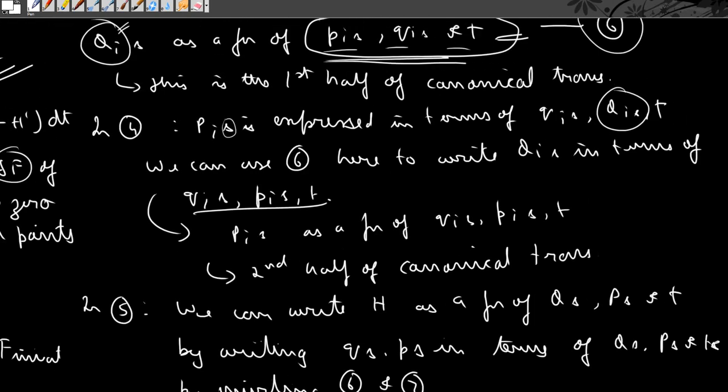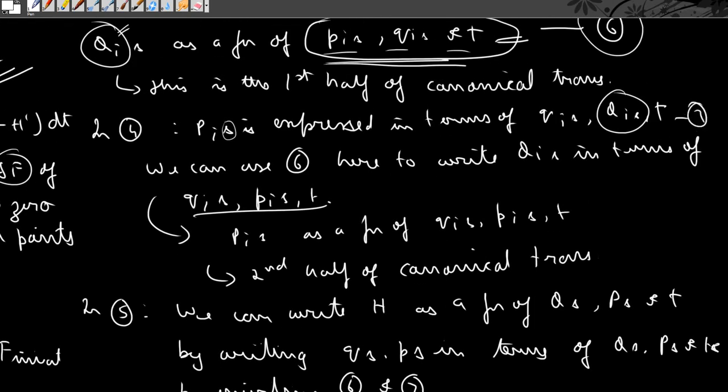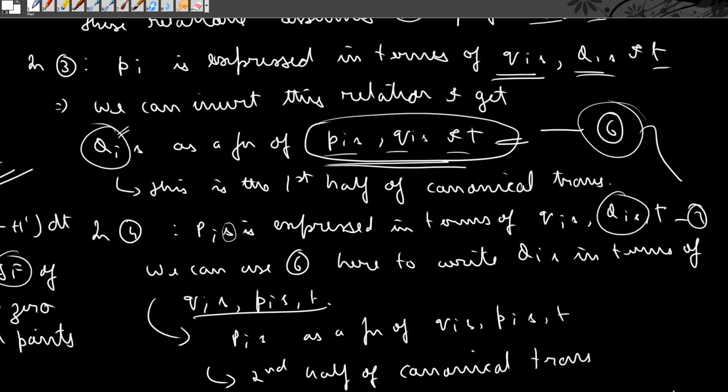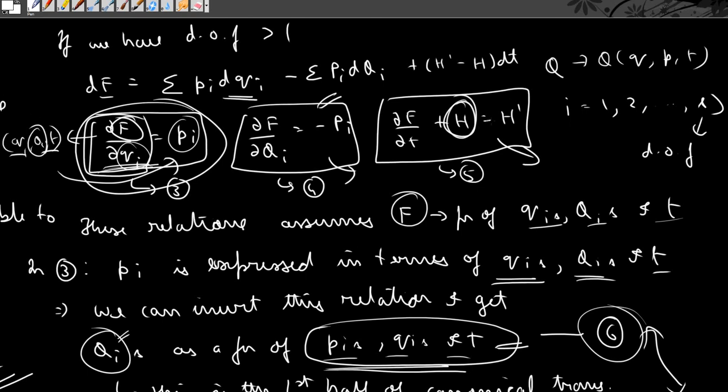Here I am going to call this 7. So what we are basically doing is that this H will be a function of the old coordinates and momenta, and by using these two relations we can invert them to find the old coordinates and momenta in terms of the new coordinates and momenta, and therefore write our old Hamiltonian in terms of these new coordinates.